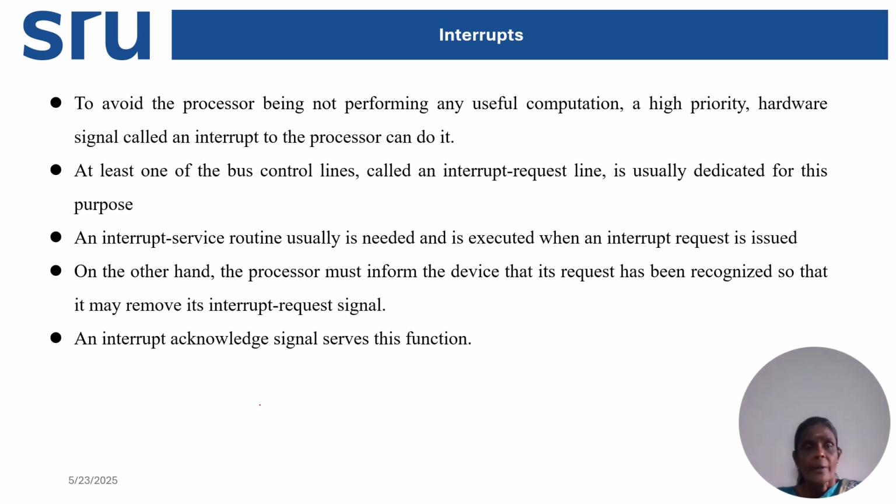So next one, interrupt. To avoid the processor not performing any useful computation, a high priority hardware signal called an interrupt can be sent to the processor. Sometimes a high priority operation comes in between and we should complete that execution.